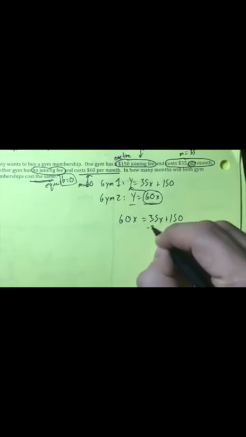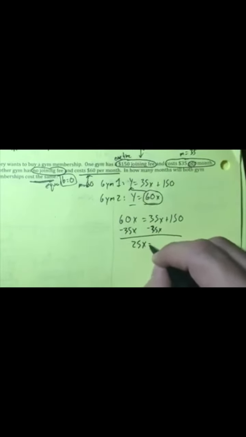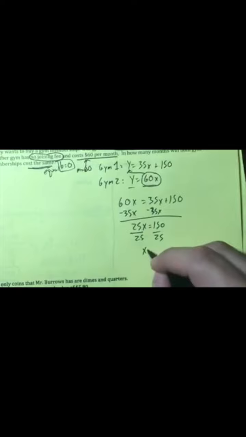So this first equation can be rewritten as 60x equals 35x plus 150. Now we can solve for x by subtracting 35x from both sides, giving us 25x equals 150. Now, if we divide both sides by 25, we get x equals 6.